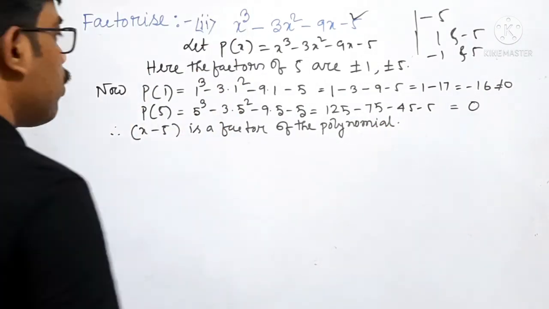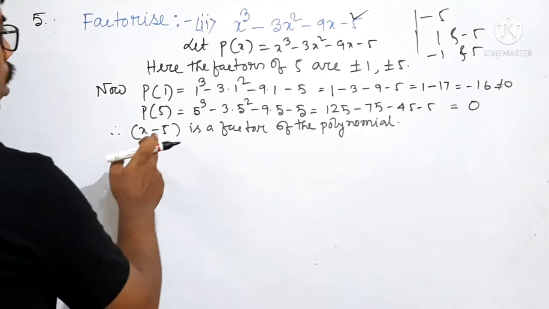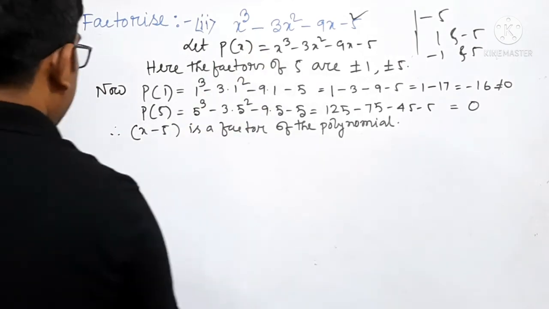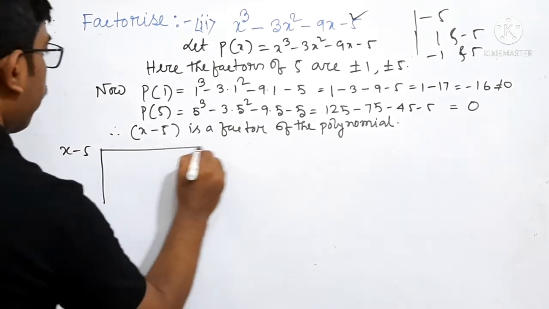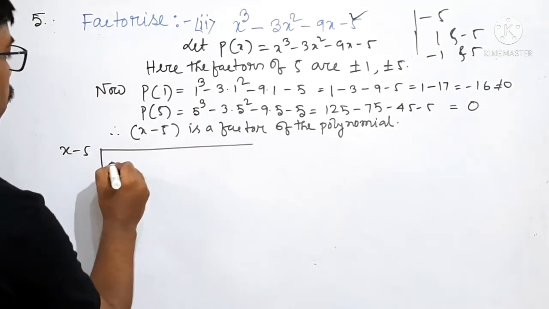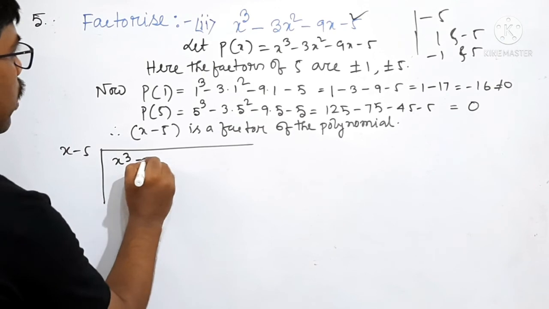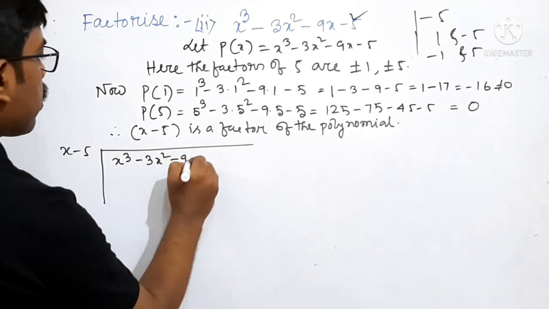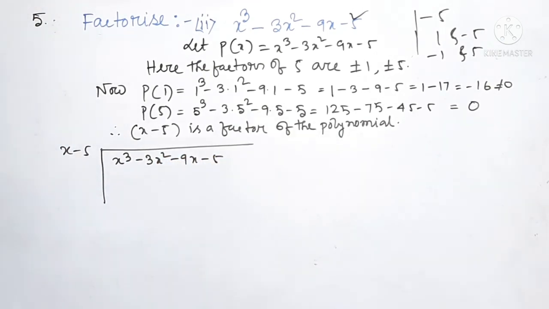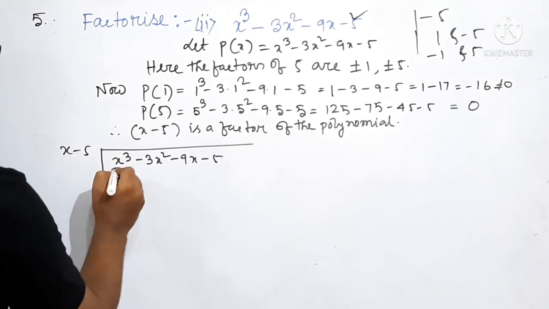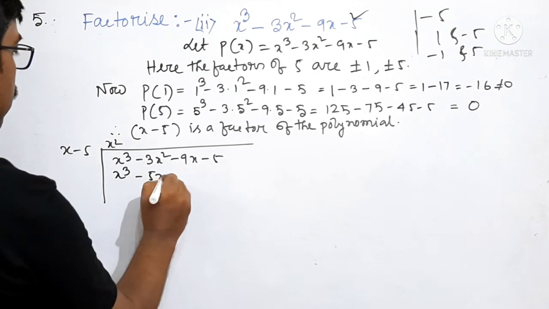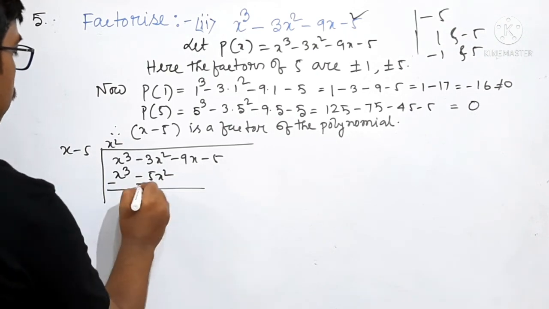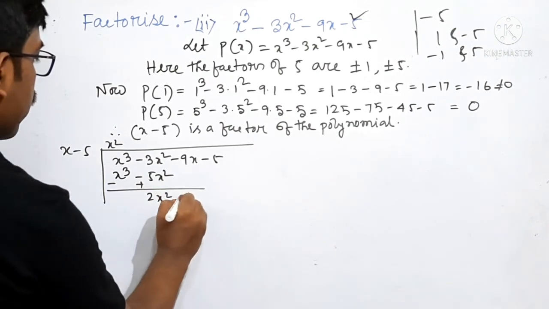Then what will we have to do? We will divide this polynomial by x minus 5. The polynomial is x cube minus 3x square minus 9x minus 5. At first, to make x cube, we write x cube minus 5x square, and the remainder is 2x square minus 9x.